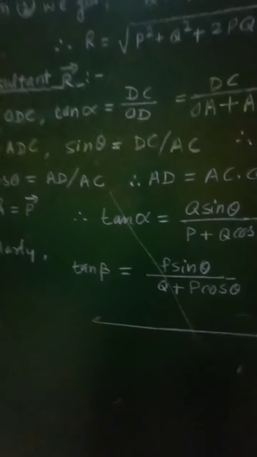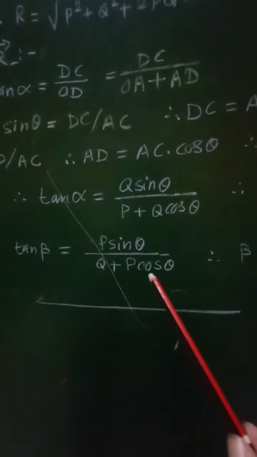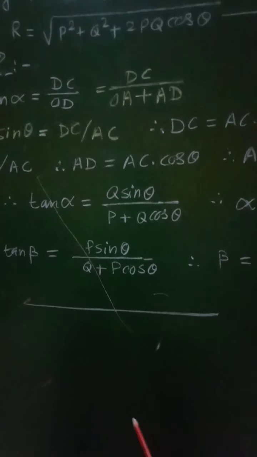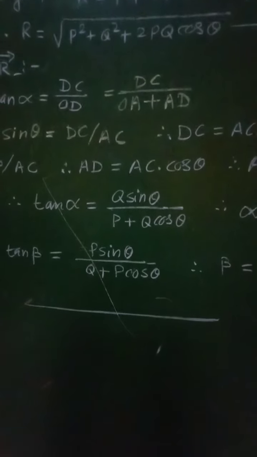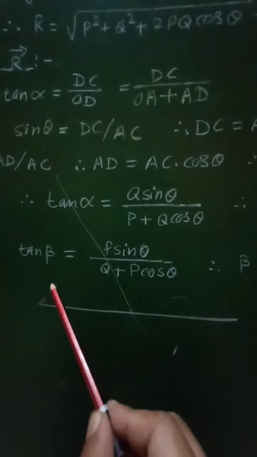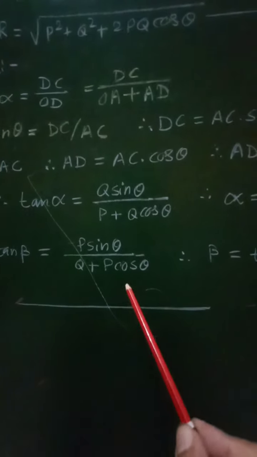Similarly, we can prove from the same diagram for the angle beta, because beta is also the angle between AC and vector Q, that tan beta is P sin theta upon Q plus P cos theta.